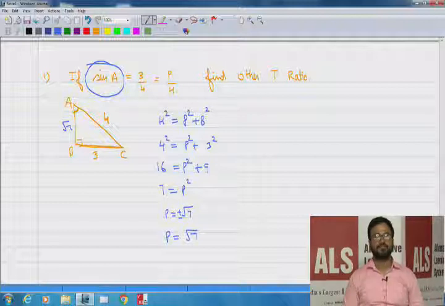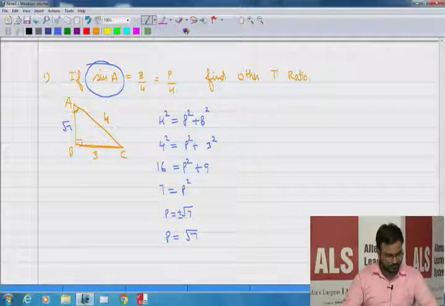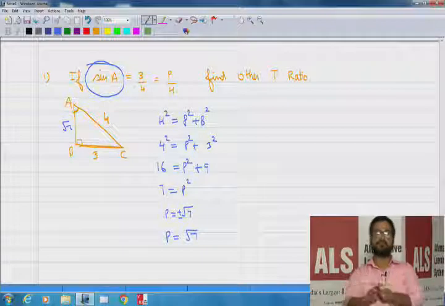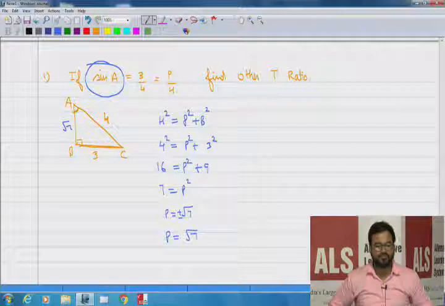Do it fast. And how cos A is root 7 by 4?